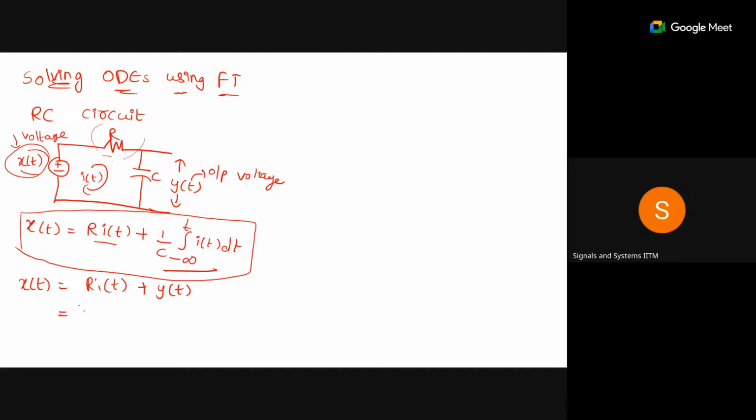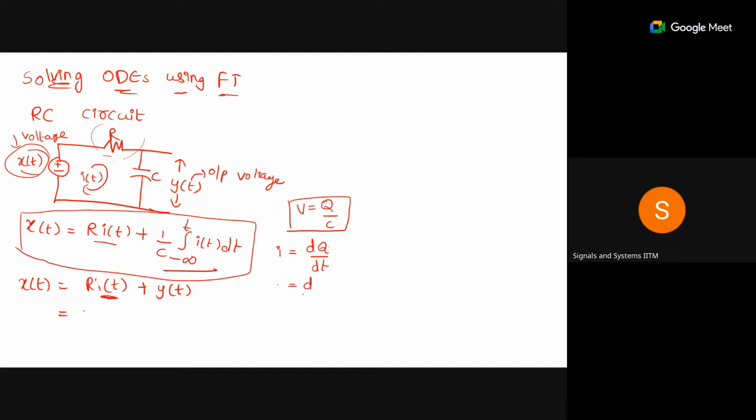So now, i of t can be represented as i equal to dq by dt. This we know, right? V is equal to q by C for the capacitor, and i is equal to dq by dt, where q is the charge.